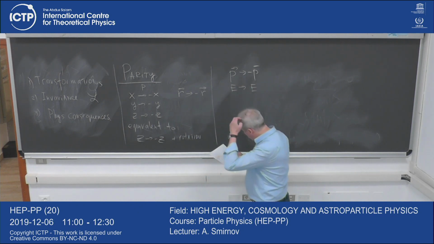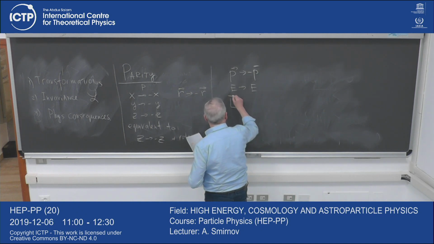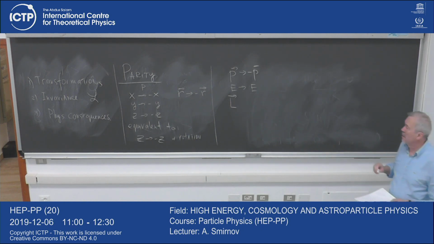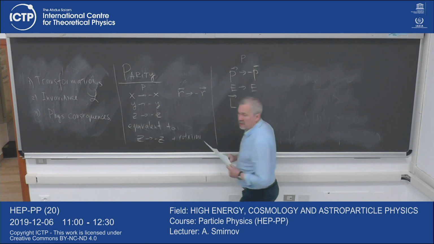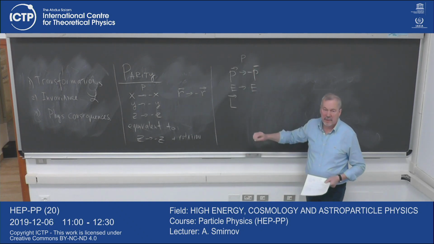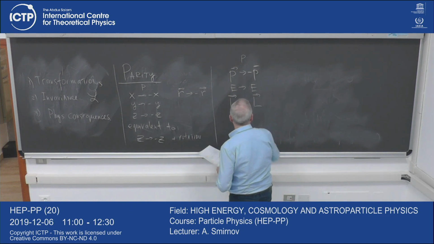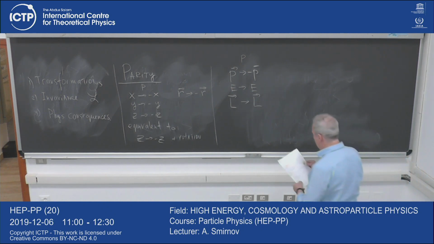And then the question which will be important for our further discussion is how angular momentum changes under P transformation. Tell me. How does angular momentum change? It doesn't. It doesn't change. And it looks a bit strange, right? Because you have some vector and then you turn coordinates and you expect that the vector should change sign.